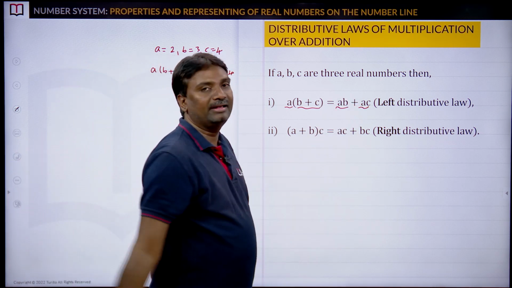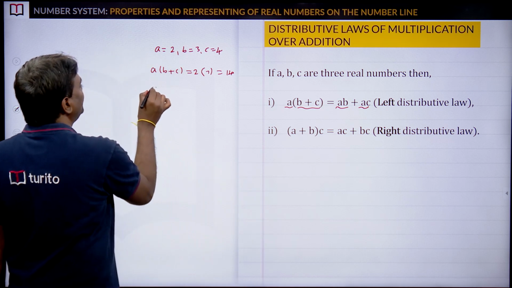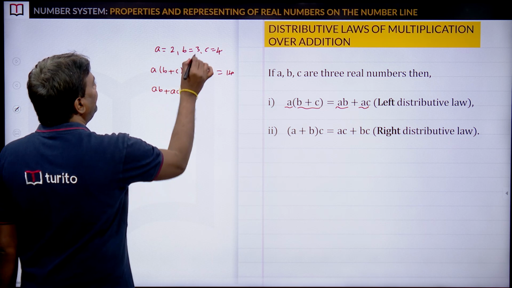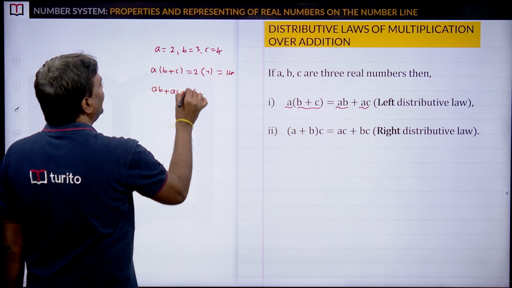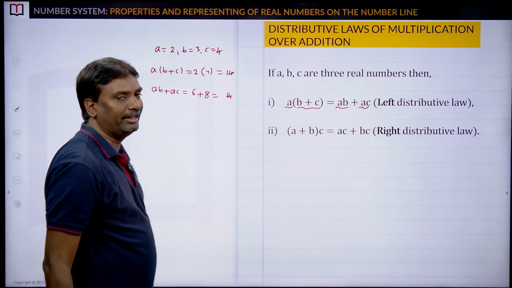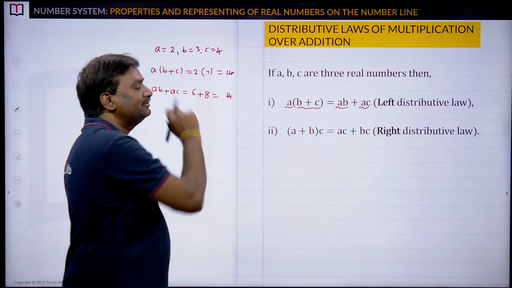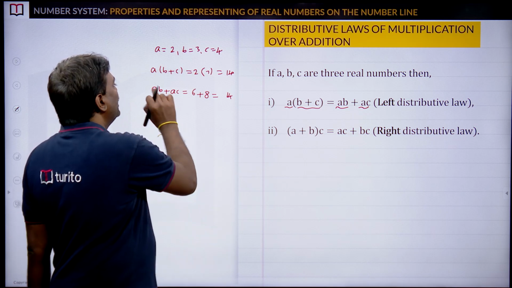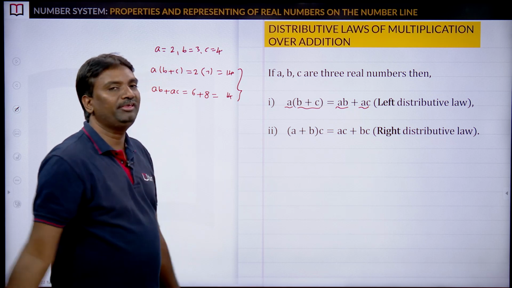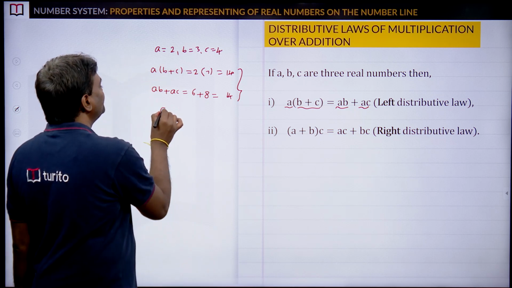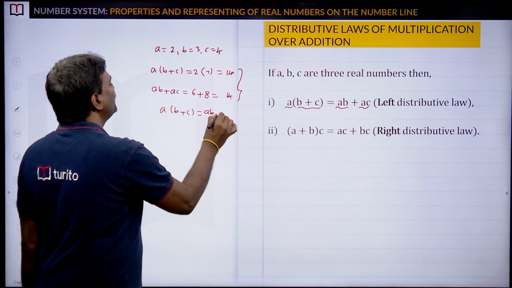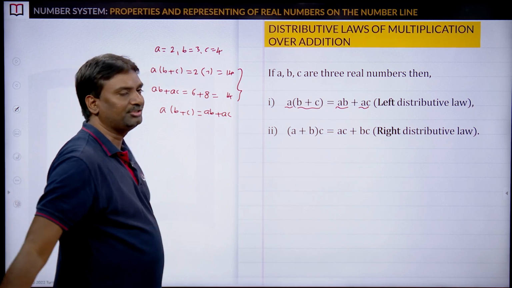Next, take the RHS, AB plus AC. AB means 2 into 3, 6. AC means 2 into 4, 8. 6 plus 8 equal to 14. The LHS is A into (B plus C), the RHS is AB plus AC. In both cases, we got the same. So, that is why we can say A into (B plus C) equal to AB plus AC.